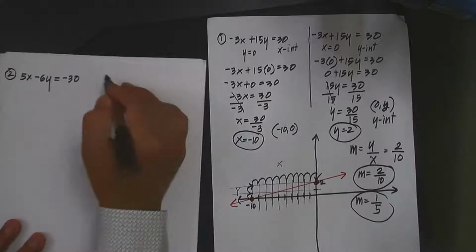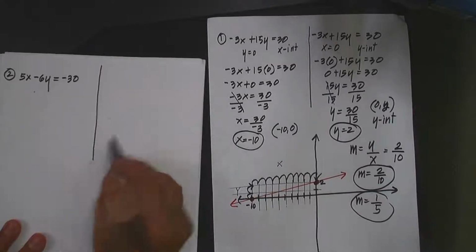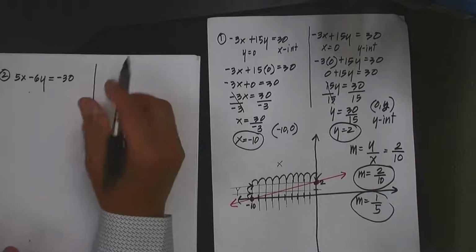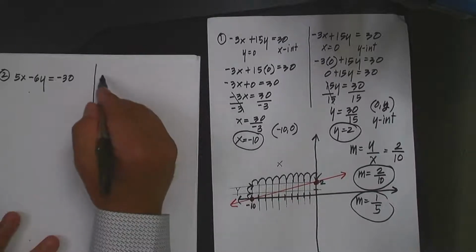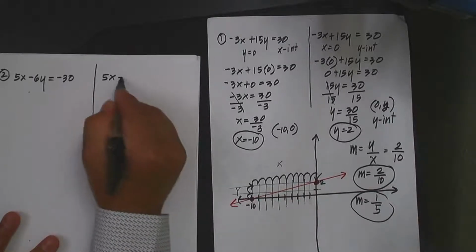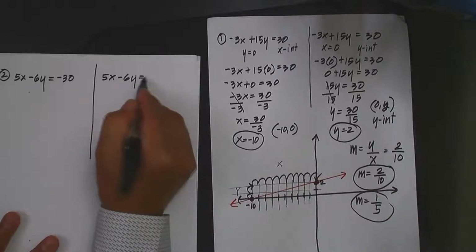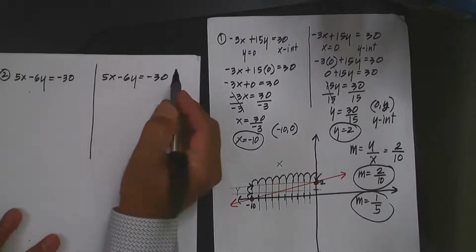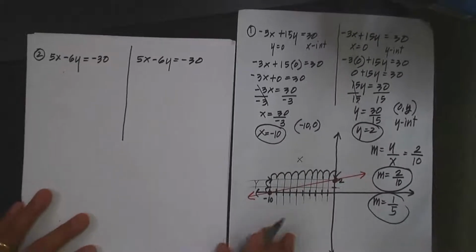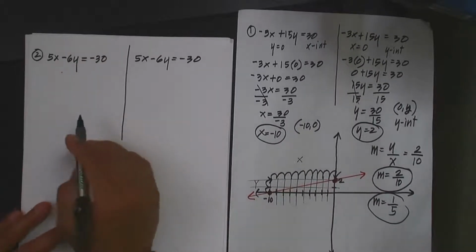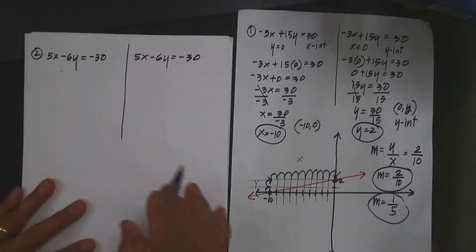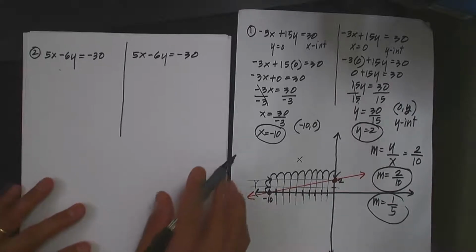A while ago, it was positive 30, but this time it is negative 30, but they have a different value for your y. So 5x minus 6y is equal to negative 30. Are you seeing my screen? Yes or no?